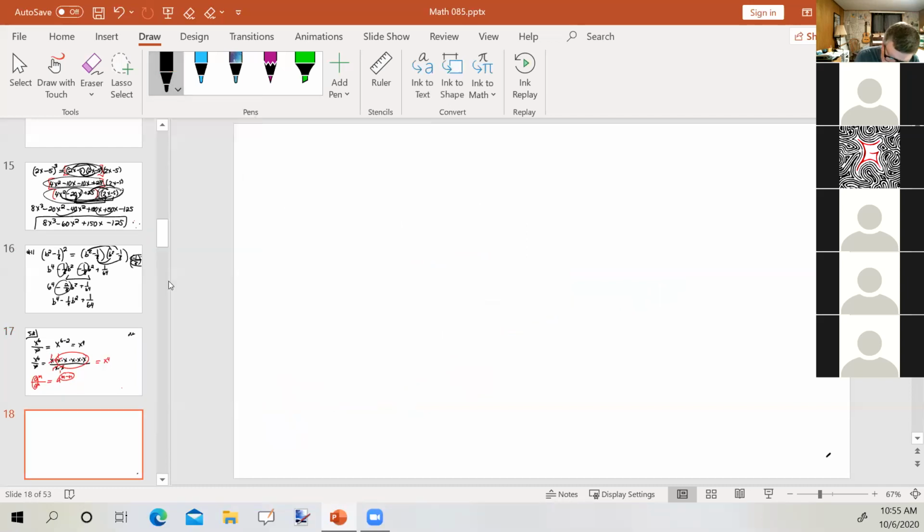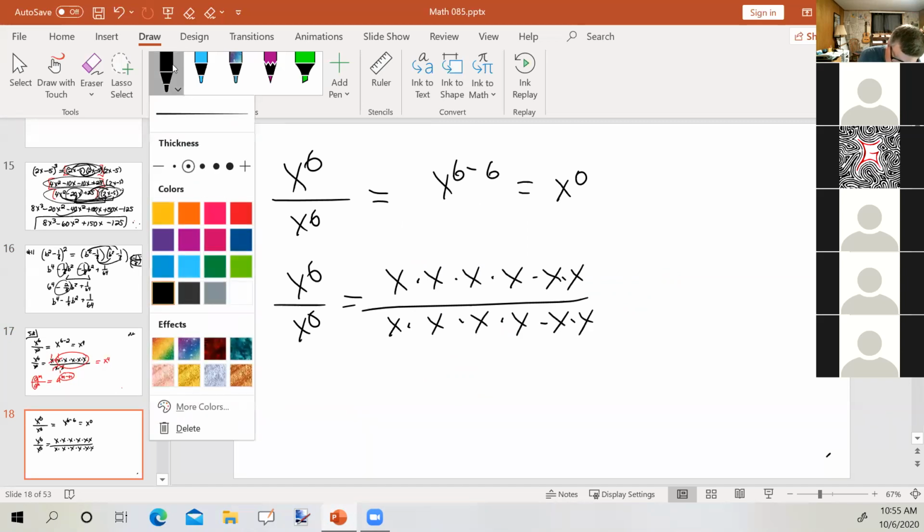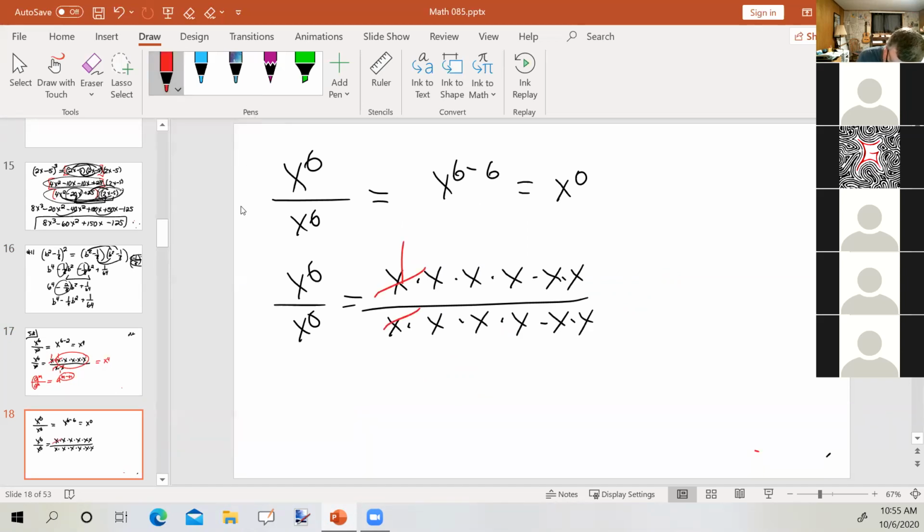Now, let's say we've got x to the 6th power divided by x to the 6th power. Well, that would be x to the 6 minus 6, which is x to the 0 power. But if we do it out the long way, we have 6 factors of x on the top and 6 factors of x on the bottom, and we reduce them all down to 1 over 1.